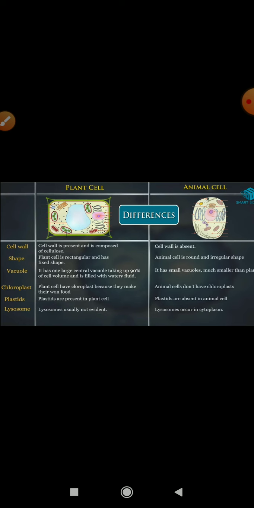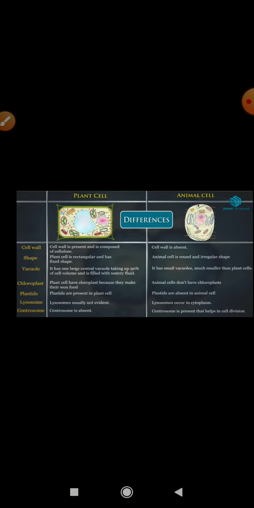And lysosome is usually not evident in plant cell; only in some places do we see exceptions. But in animal cell, lysosomes occur in the cytoplasm. We also know what lysosome is: we call it the suicidal bag of cell organelles, and it is present in animal cell cytoplasm. And the next one, centrosome.